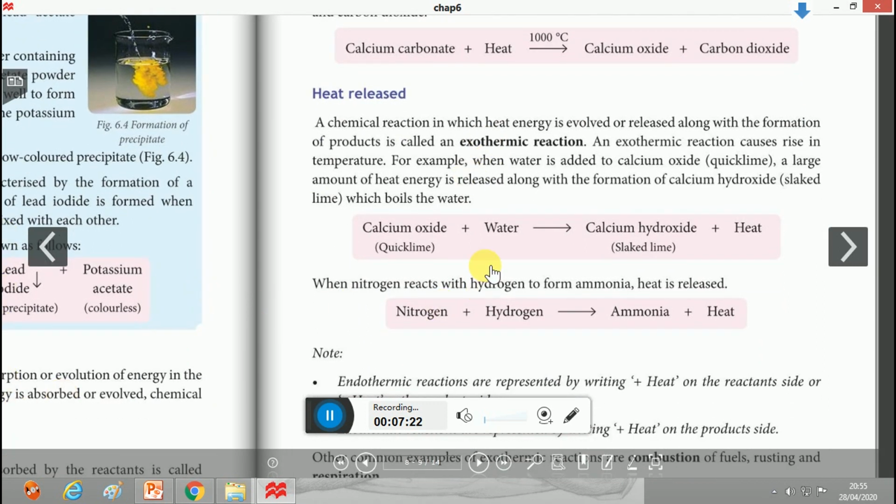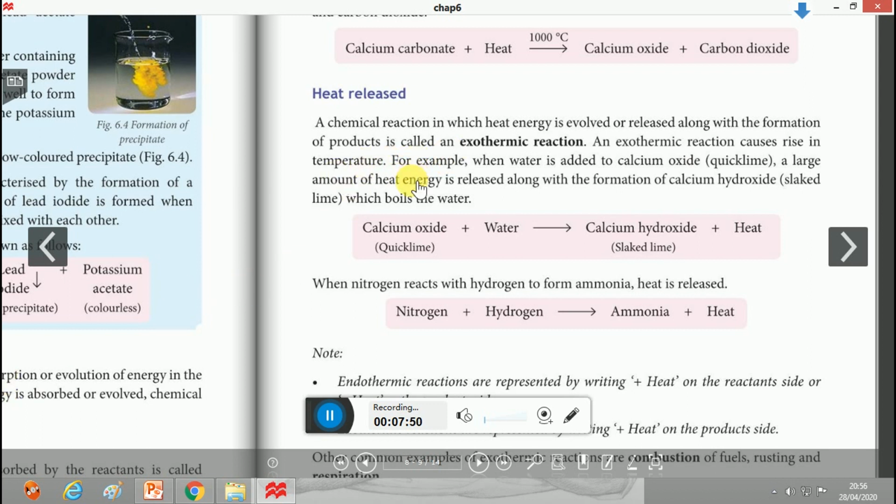In the second video we also discussed the exothermic reaction, a chemical reaction in which heat energy is evolved or released along with the formation of products. An exothermic reaction causes a rise in temperature, but an endothermic reaction causes a fall in temperature.